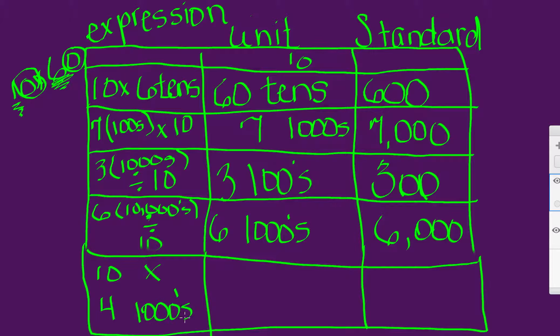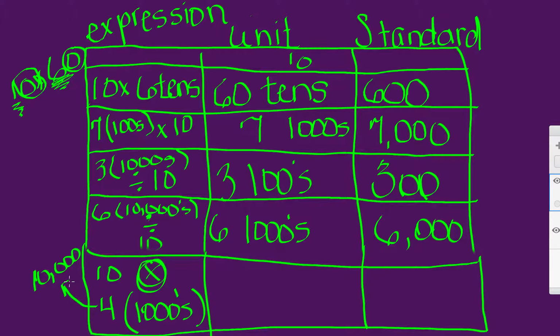So this time you're timesing. If you're timesing, that means your answer will be bigger on the place value chart. So the next place on your place value chart, going to the left of 1,000, would be 10,000. So that's where you're moving them.